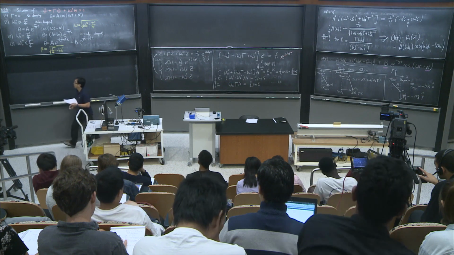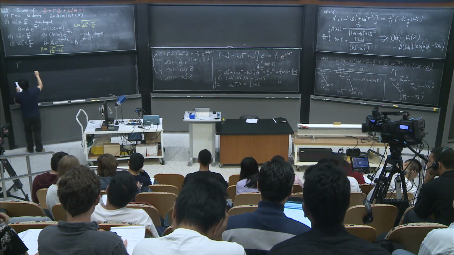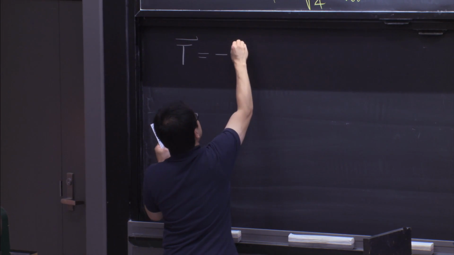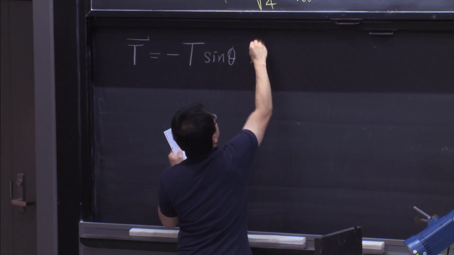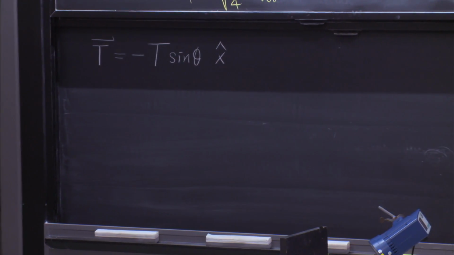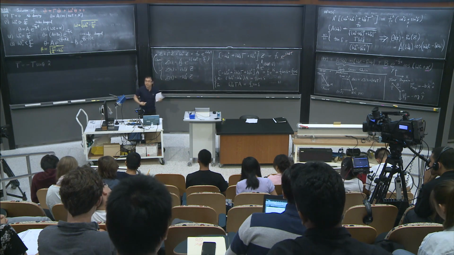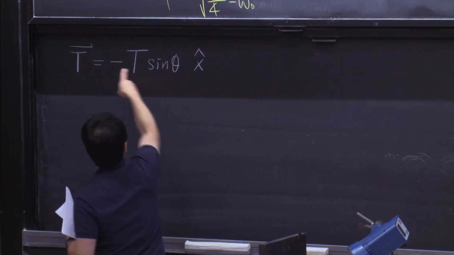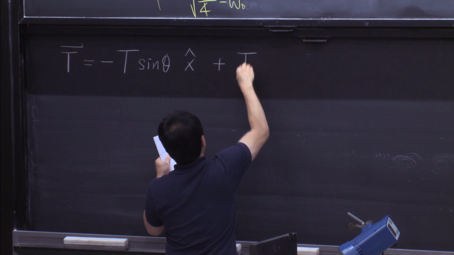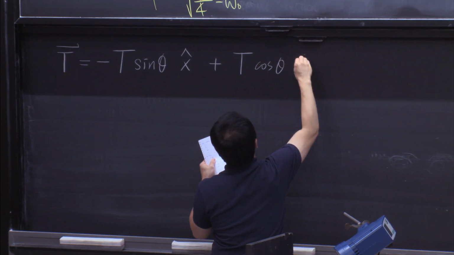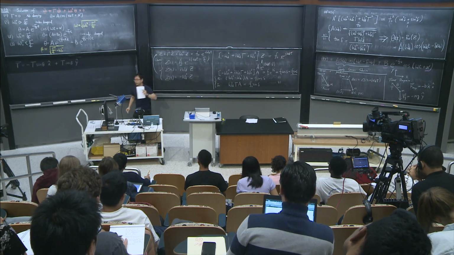Now I would like to write down the expression for the string tension T. The T is equal to minus T sine theta in the x direction, because the T is pointing to the upper left direction. So the projection to the x direction will be minus sine theta, and plus T cosine theta in the y direction.